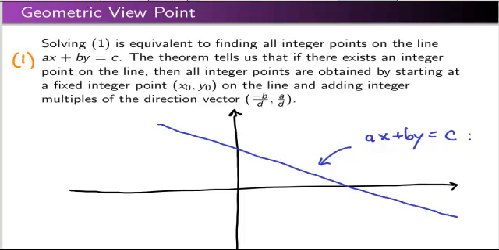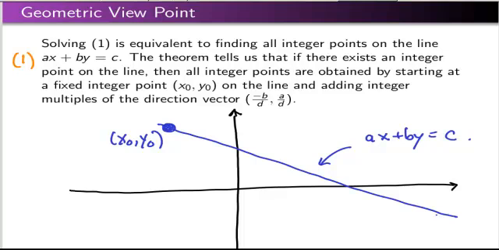And then we have some particular solution on the line. This is your x0, y0 point. And remember, these are the points with integer coordinates. So we're not looking for all of the real numbers on the line. I just want to know what integer points the line happens to pass through.